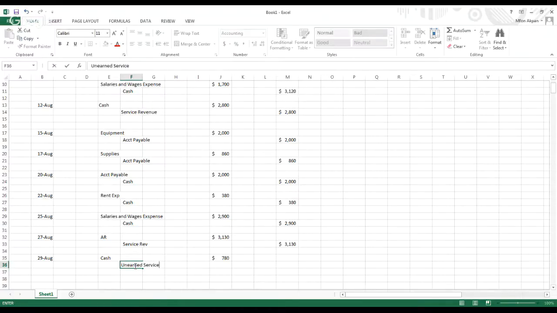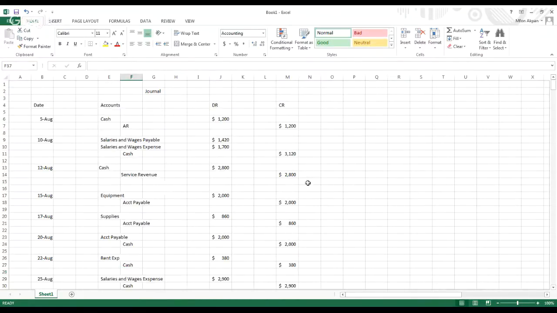So let's see here, we're at the unearned service revenue. This is really it. So we've come to the end. These are the entries for the problem. And these are the inputs that we would see on the front end of the problem. And I hope this helps.